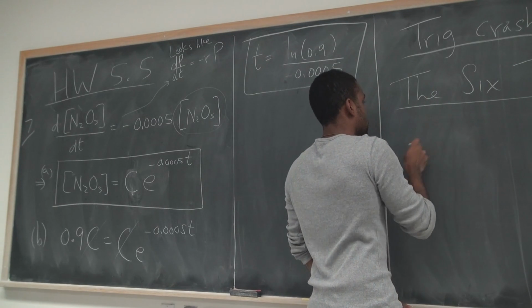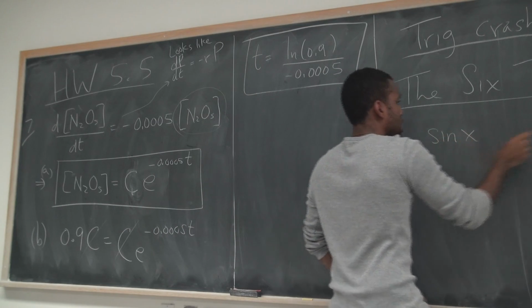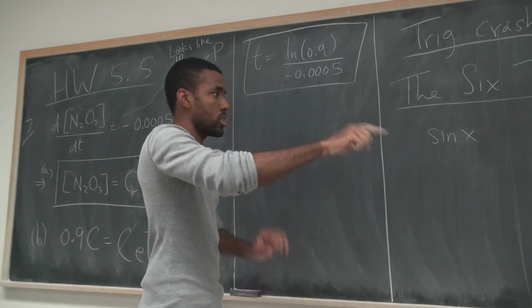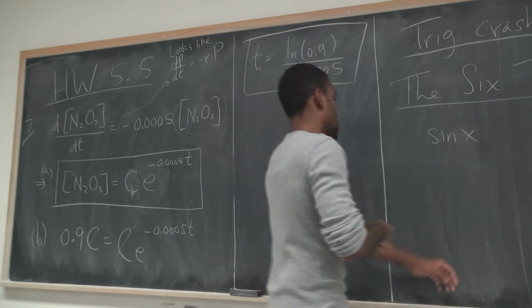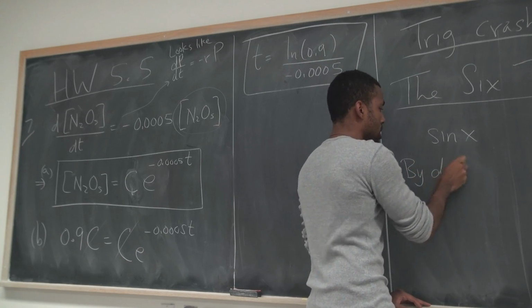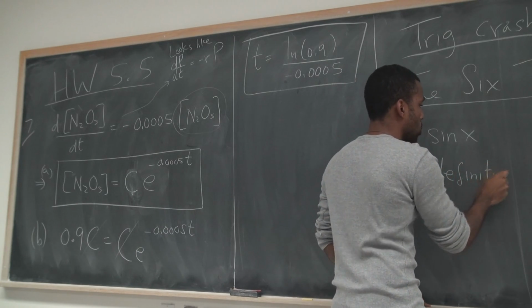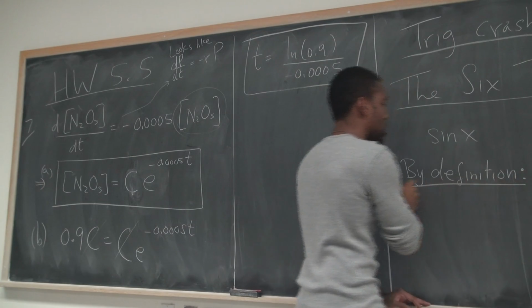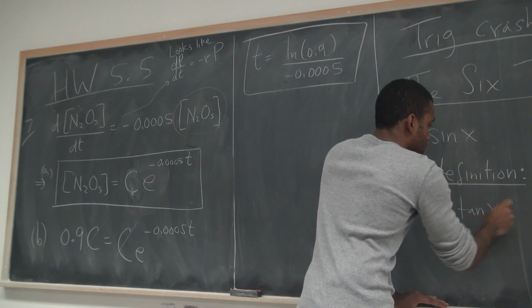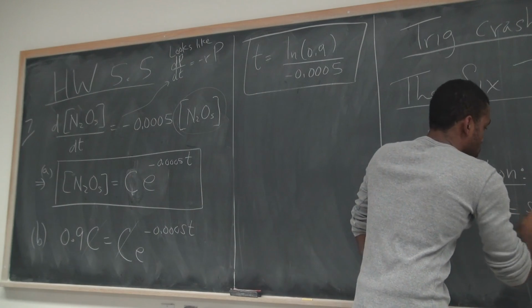So we know that sine x and cosine x, those are the main guys. They told us the coordinates on the unit circle. And by definition, so it's not really something you figure out, we just call these expressions by these names. We define the tangent function, which is just the ratio of sine x over cosine x.